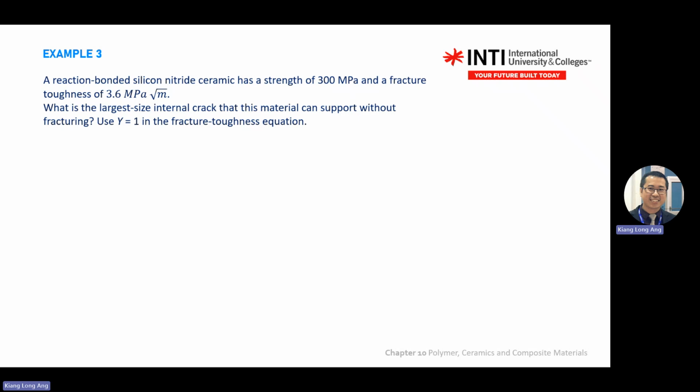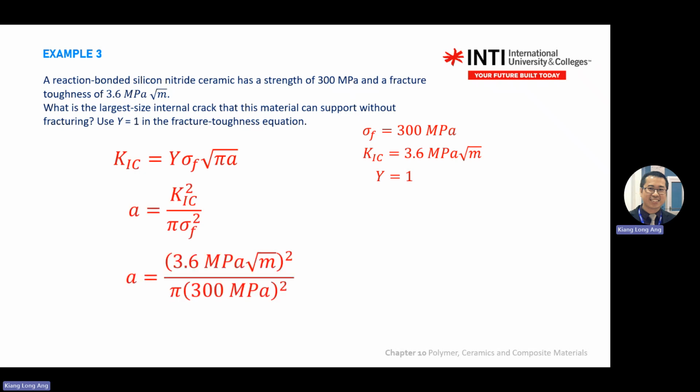This one is given. This one is given. What else is missing? KIC fracture toughness is this one. Strength is this one. Y is this one. So only one unknown. You rearrange, you get A. Substitute, put in the unit of meter. A is the size of the crack.